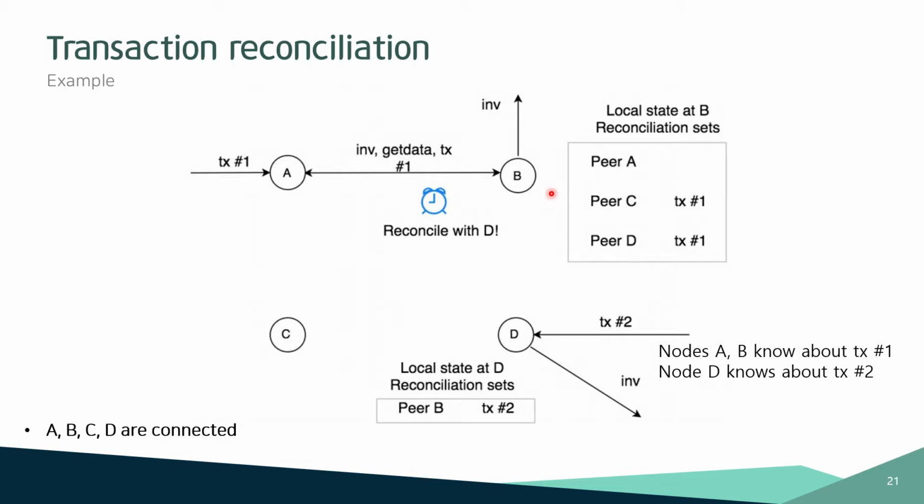B tries to reconcile with node D. During the reconciliation, 2 nodes synchronize according to their local reconciliation sets.